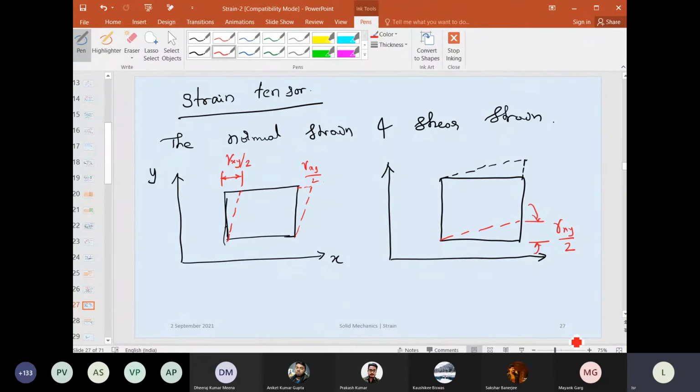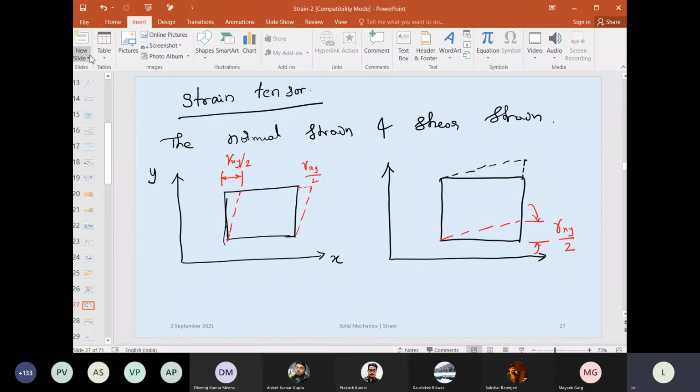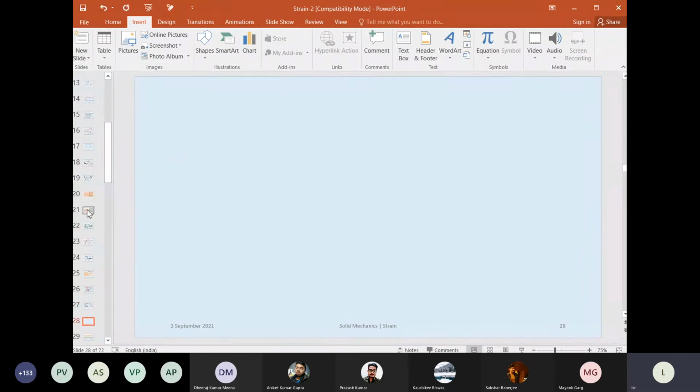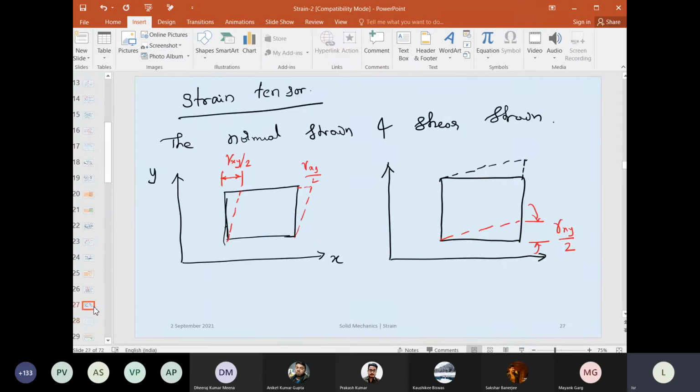So that's why, what we will do is this. I can rotate as a rigid body, and then I can get this gamma xy.